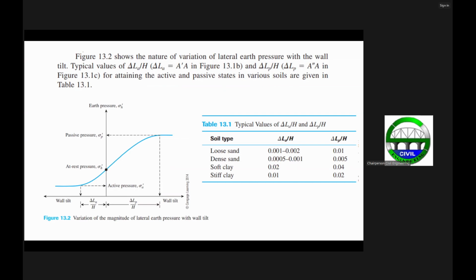And then between a sand material and a clay material, the movement in the sand material is smaller than the movement of the wall in a clay material. So that's why when we consider backfill materials, we normally consider granular materials, sandy or gravel materials for that matter, because it will have a smaller movement with respect to your retaining wall.